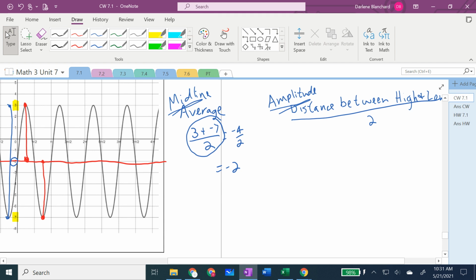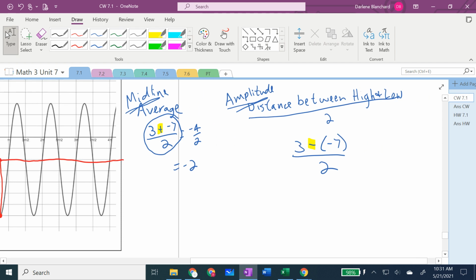And if you're going to find the distance between a high and a low, you are subtracting them. So 3 minus -7 is going to give me my vertical distance. But I want you to see that these formulas are very, very similar to each other. One of them is finding the middle point. The other is finding the distance from the middle point to the high and the low.